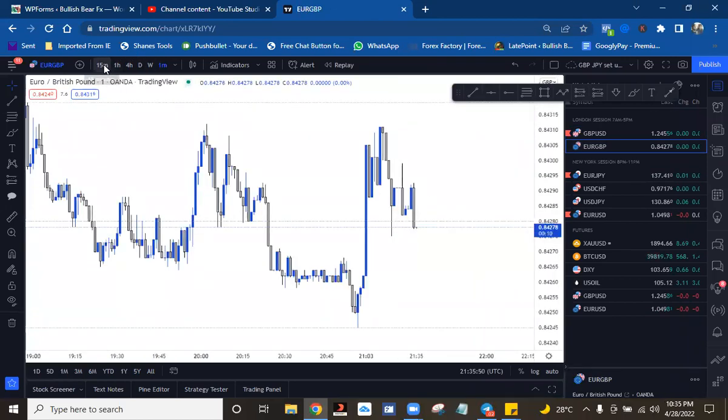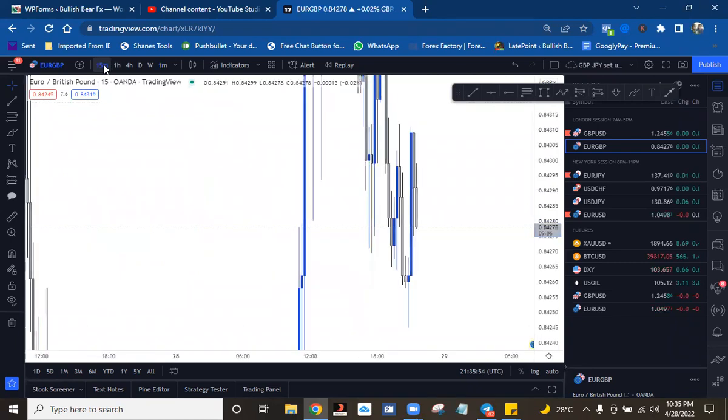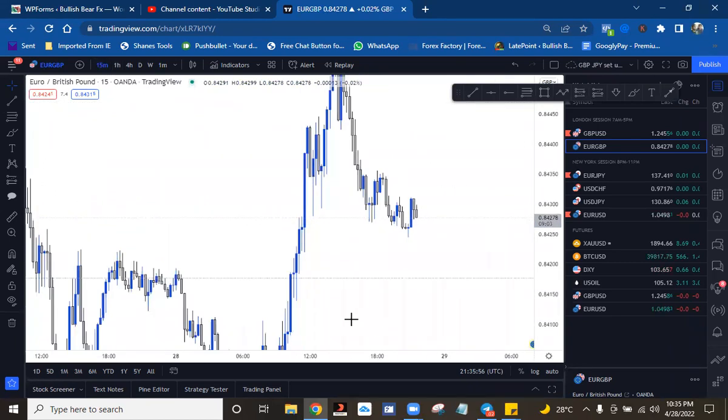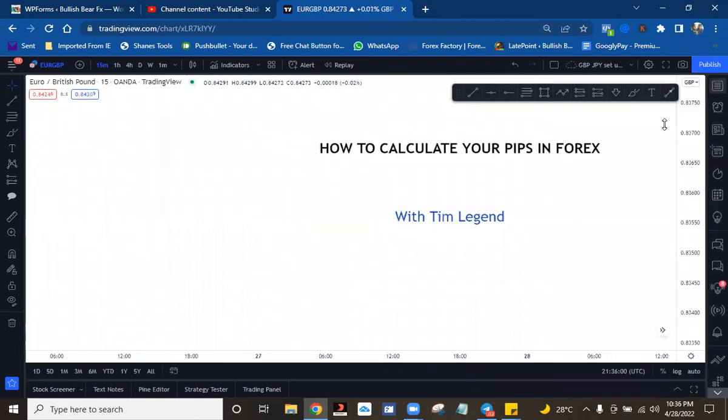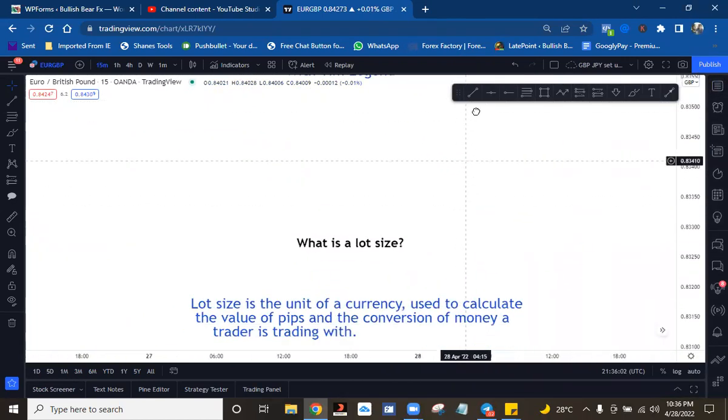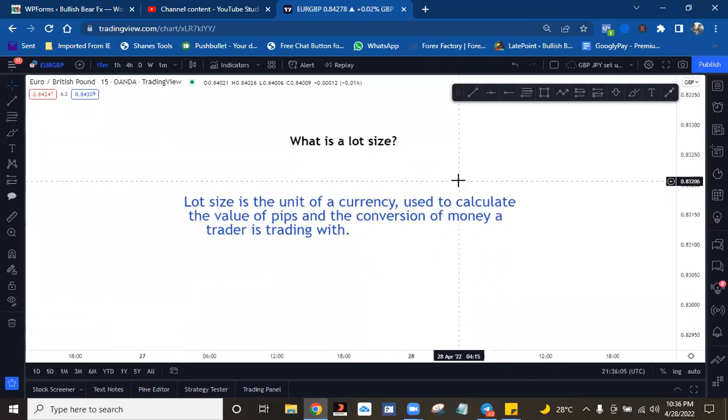Okay, so let's dive straight into business. How to calculate your pips. So what is actually lot size? Lot size, in my own simple definition, is a unit of a currency used to calculate the value of pips and the conversion of money a trader is trading with.